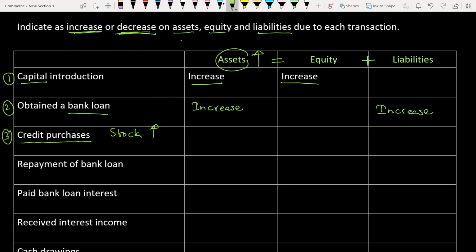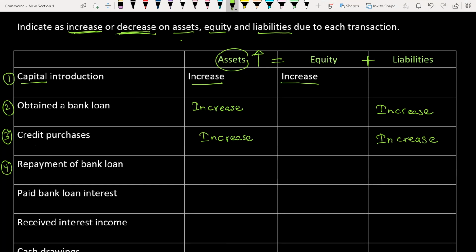On the other hand, since the business purchases stock on credit, the liability called creditors increases. So what are our two impacts? Assets increase and at the same time, liabilities of the business increase.